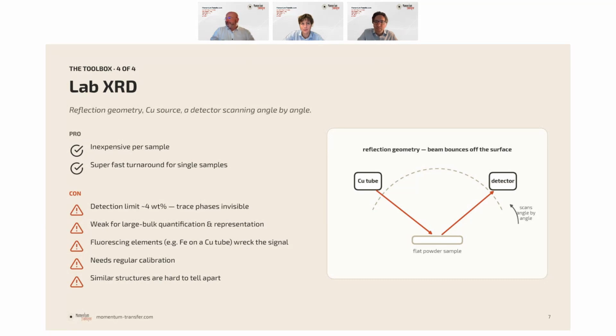Of course, the thing needs regular service. The resolution of the systems is, of course, limited by the geometry of it, and therefore some structures that are very close together or have patterns that are close together are difficult to tell apart.